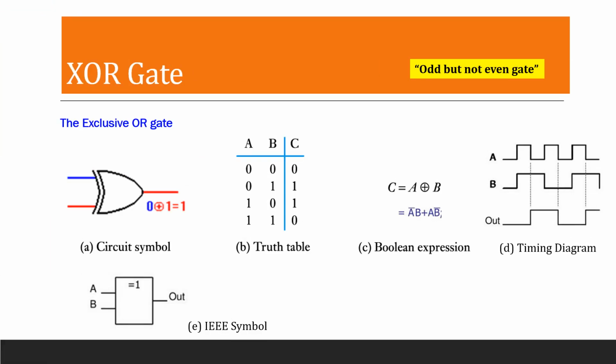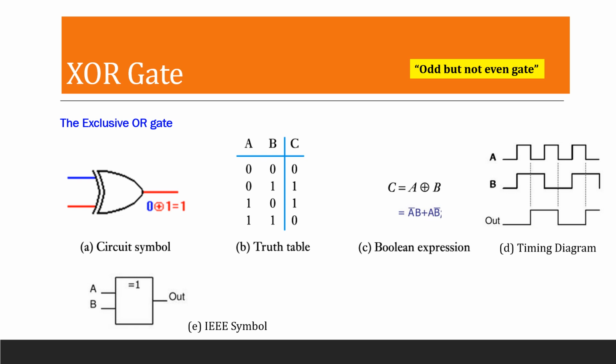Now let's look into the XOR gate, the exclusive OR gate. It can also have 2 or more inputs but produces one output signal. This exclusive OR gate is different from the OR gate in some conditions.